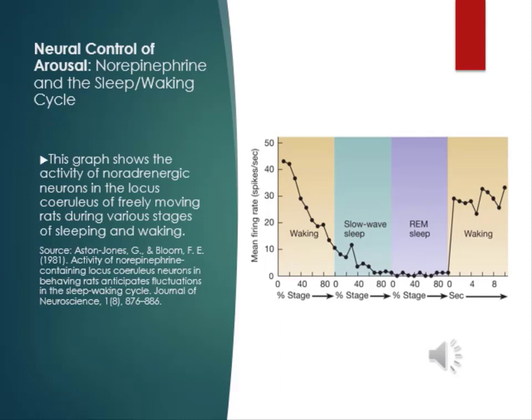And this kind of makes sense because noradrenaline is part of the fight or flight response. And so you would expect it to be lower during stages of sleep like slow wave sleep and even REM sleep, and higher during periods of wakefulness.